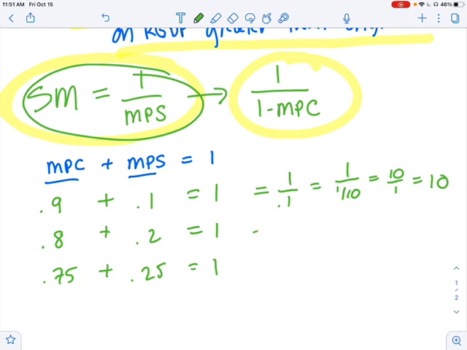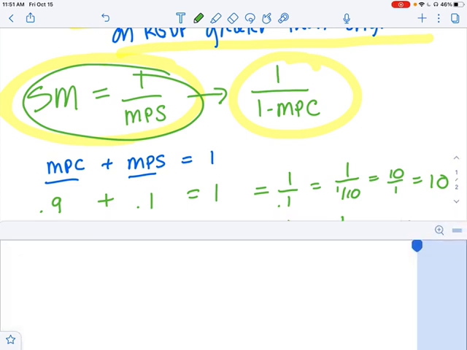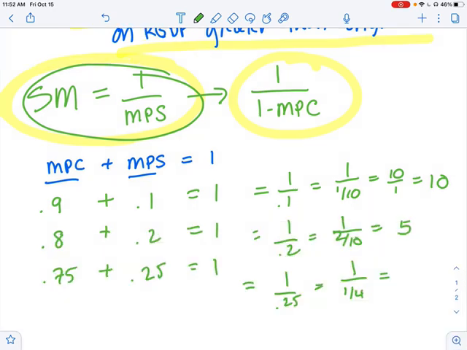The next one is going to be 1 over 0.2, which is 1 over 2/10, which is going to come out to be 5. The last one is 1 over 0.25, which is the same as 1 over 1/4, which is going to come out to be 4. So these are your three most common spending multipliers. So if you get one that isn't 10, 5, or 4, you might have taken a wrong path.